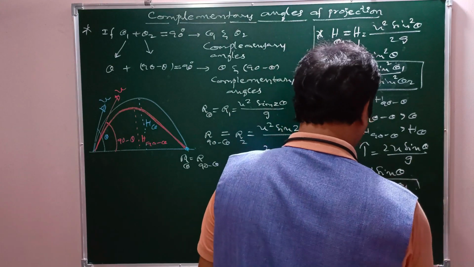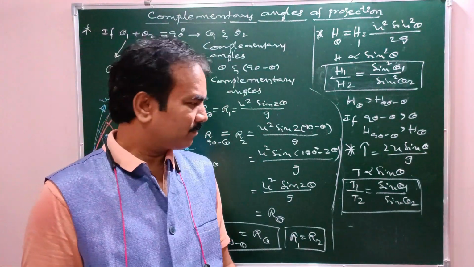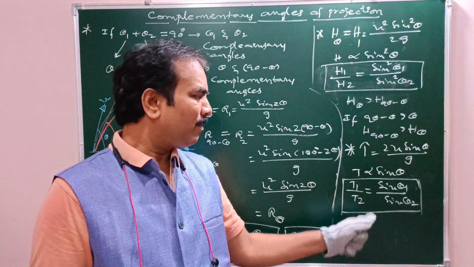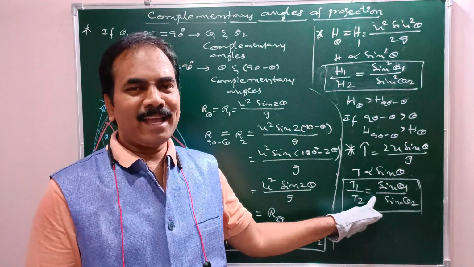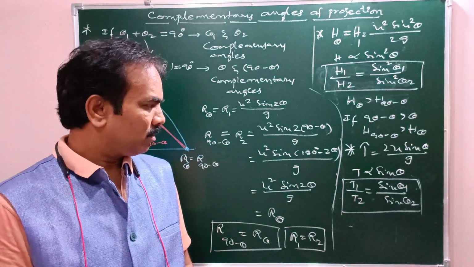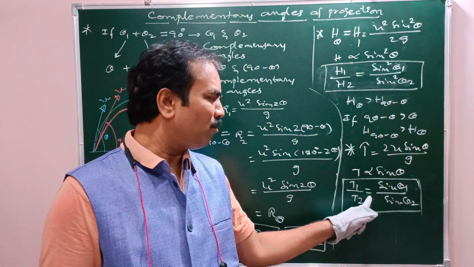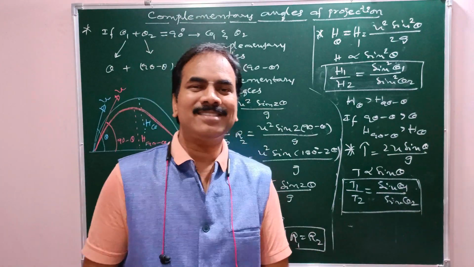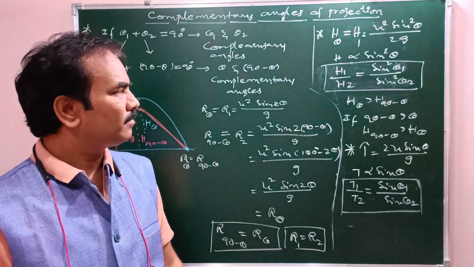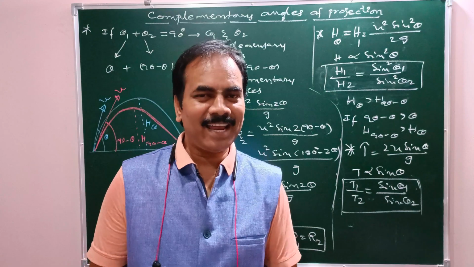Suppose at a given place, two bodies are projected with the same speed of projection, but making angles theta 1 and theta 2 respectively with the horizontal. Now, if you want to find the ratio of times of flight for both bodies, then T1 by T2 equal to sin theta 1 by sin theta 2. So you can estimate like that. So here it is H1 by H2 equal to sin square theta 1 by sin square theta 2. Here T1 by T2 is sin theta 1 by sin theta 2.